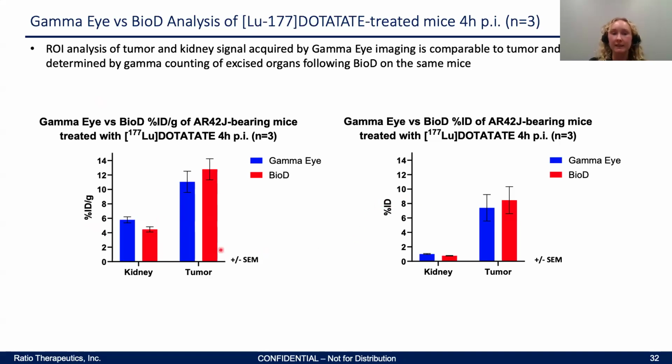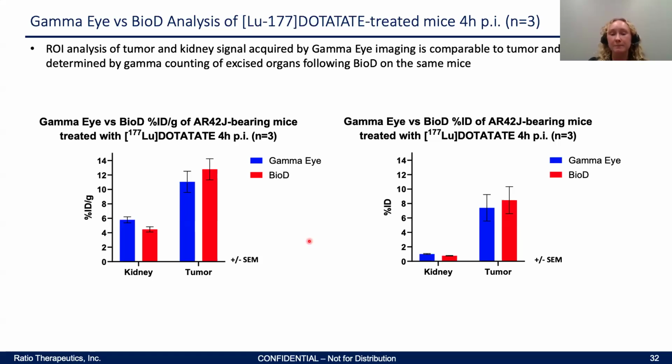The kidney and tumor percent ID per gram and percent IDs are very consistent between the 2 methods of analysis. So that was super promising for the gamma I as a tool to accurately assess lutetium imaging, lutetium organ activity levels.